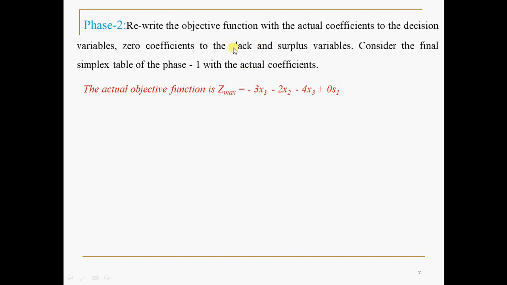However, in general it is given here, 0 coefficient to slack and surplus variables. A surplus variable exists, so 0 for S1, that's what is given. Rewrite the objective function with actual coefficients of the basic variables, 0 coefficients for slack and surplus variables. Why minus means it is not in the standard form, it is actual only. The actual coefficient is 3, but to put it in the standard form, multiplied by minus, nothing else.